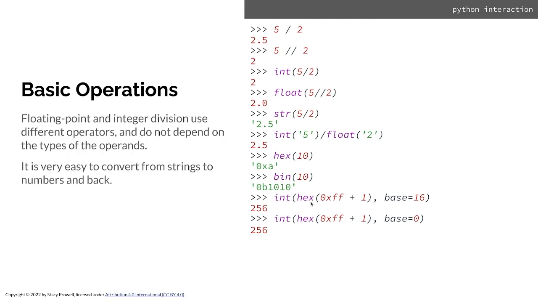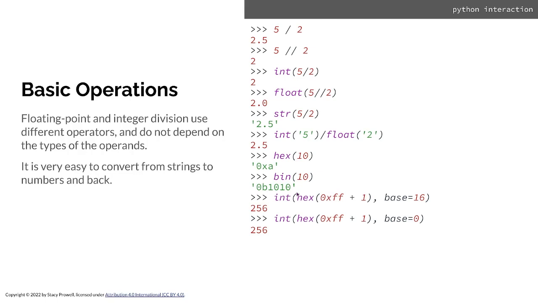And you see here what I've done is I've said I want to take 0xff, add 1 to it, convert that to hex, and then interpret that as an integer in base 16. So that was a lot. What's going to happen is this is going to produce a value, in this case 256.